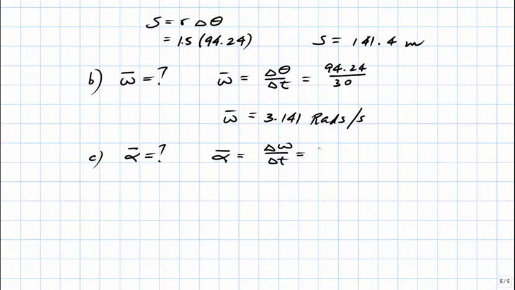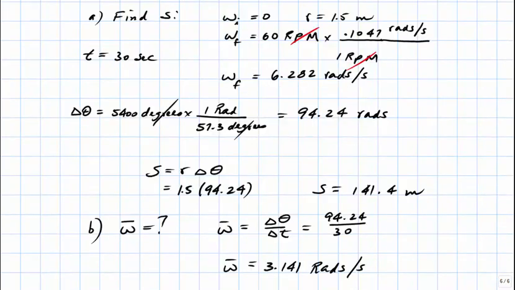The other form looks like this. The change in angular velocity is simply omega final minus omega initial divided by delta t. Now, omega final was calculated earlier as 6.282.